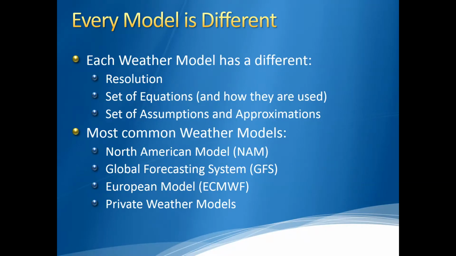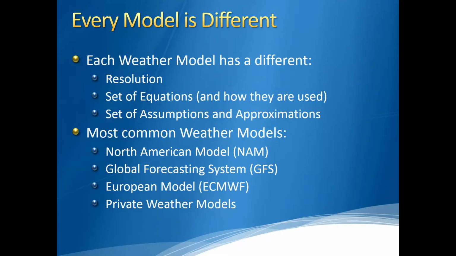And then private industries actually have their own models. There's a very popular wind model called the USL model. It does a really good job of forecasting winds. And each one of these models has their own strengths and weaknesses.